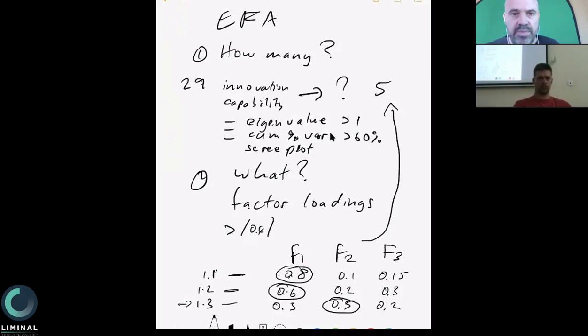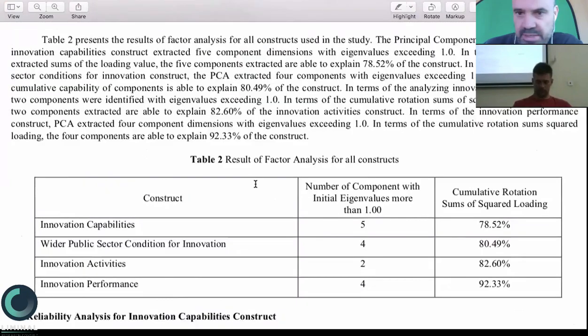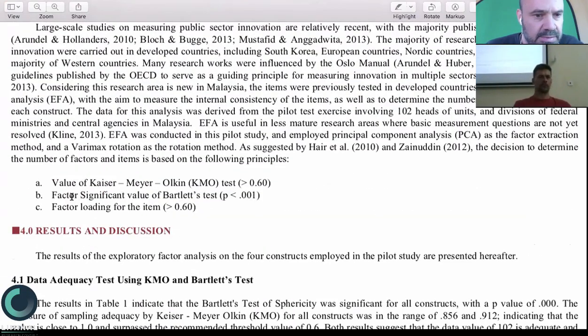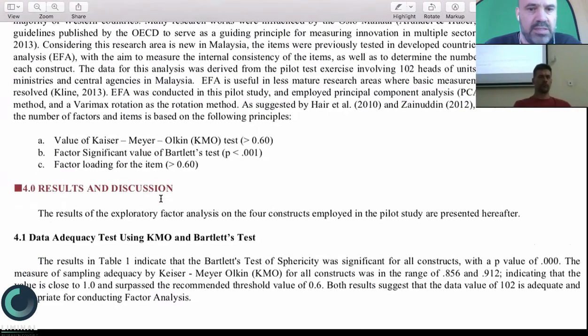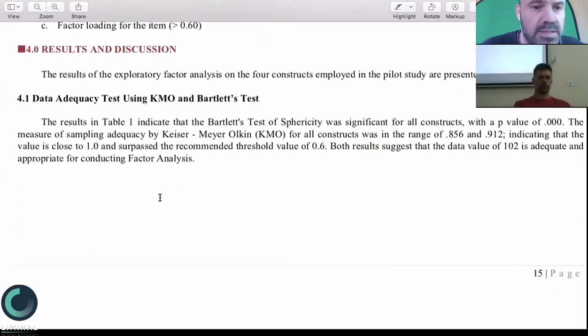Okay, so let us go back to, let me quickly switch to the desktop. Can you see the article? Yes. Okay, so I talked about this criteria here first. Sorry, this is something different. Let me just see, where's the criteria?